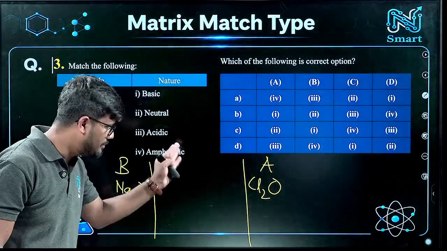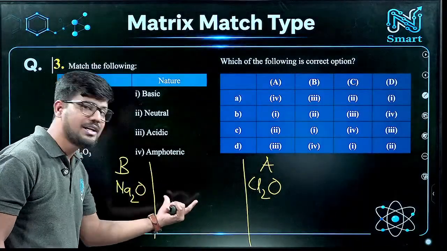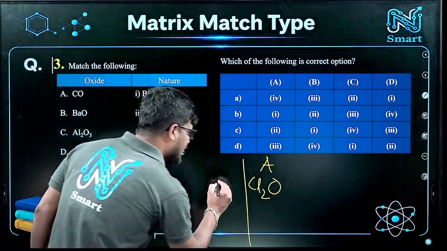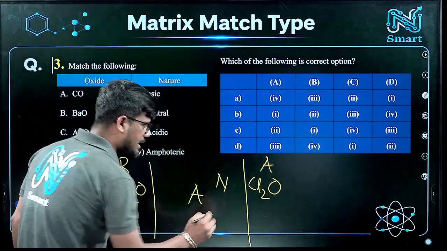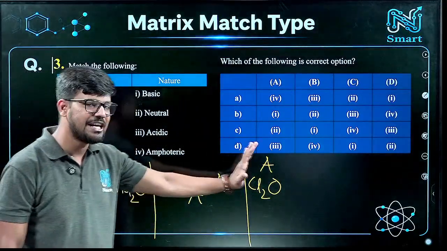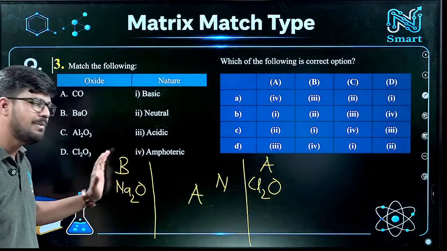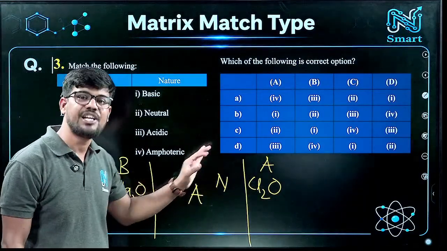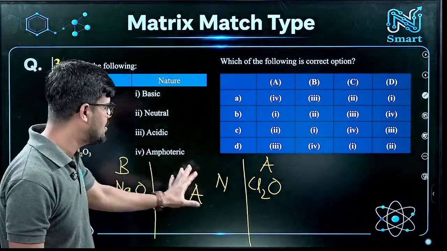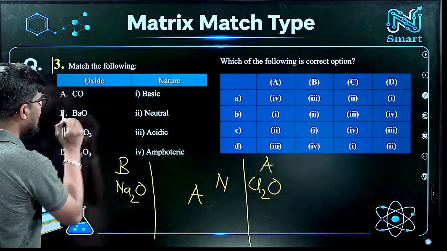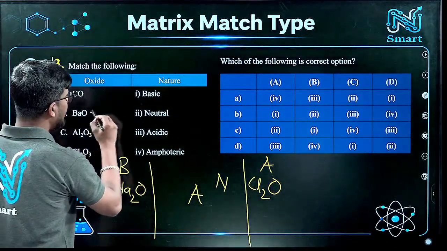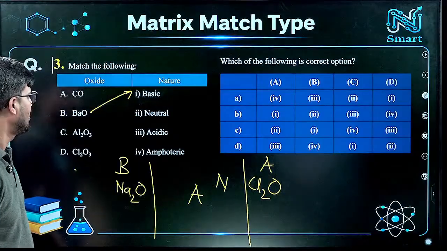And in the middle region, you can get neutral oxide or amphoteric oxide. So this is the idea. Extreme right means acidic, extreme left means basic, and in between neutral and amphoteric. These two things will be there. Now just check barium oxide. Yes, this will be basic oxide.